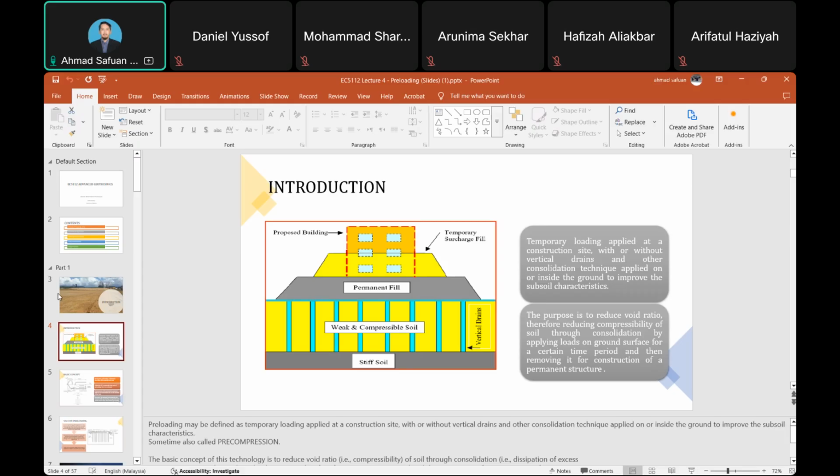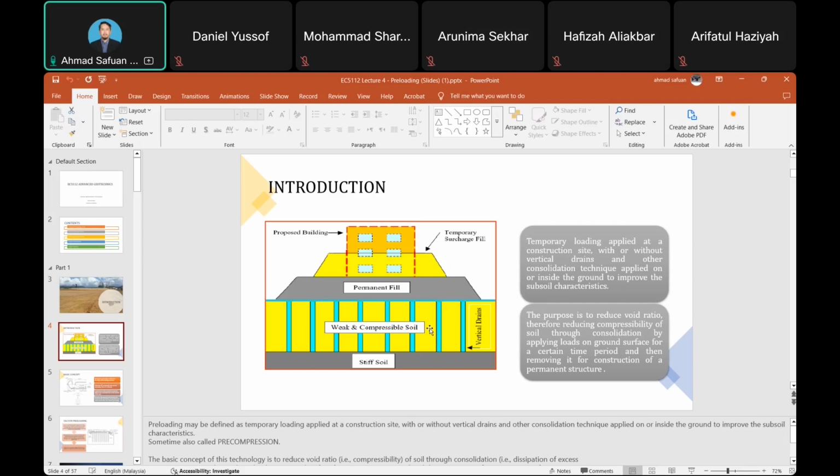Before we construct any building, we need to strengthen this weak and compressible soil to a certain desired strength, or reduce what we call the compressibility of the weak soil.